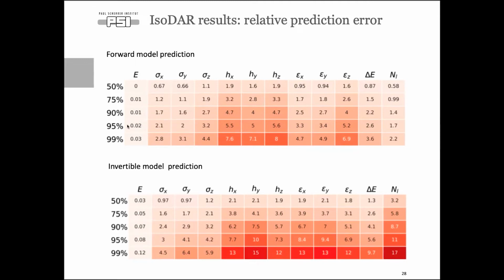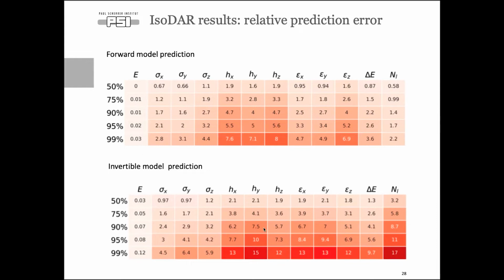The best relative prediction error is for the energy, where we have at a 95% confidence a relative error of 0.02%. The parameters that are predicted worst are the halo parameters, with still just a relative prediction error of 5.6%.